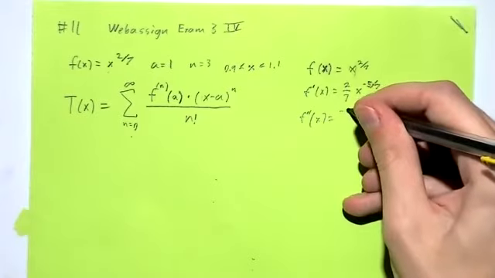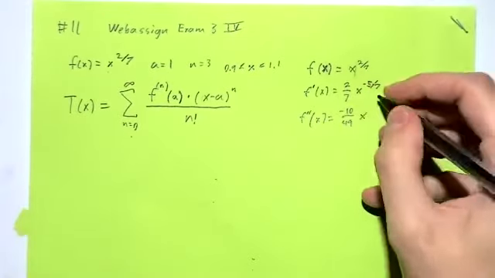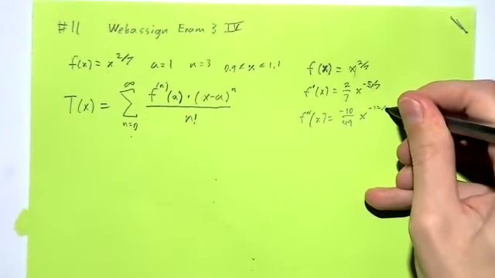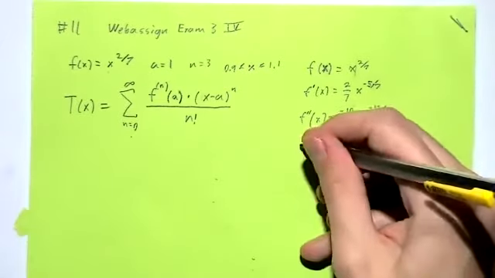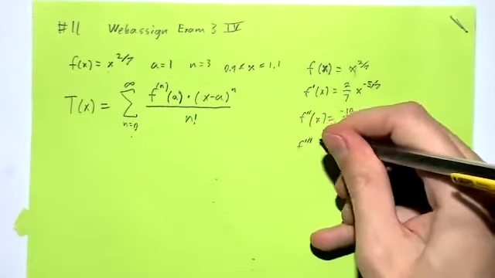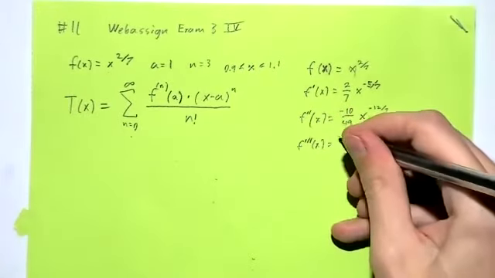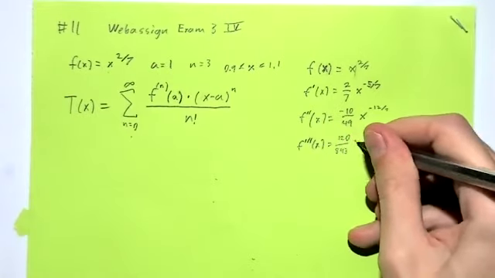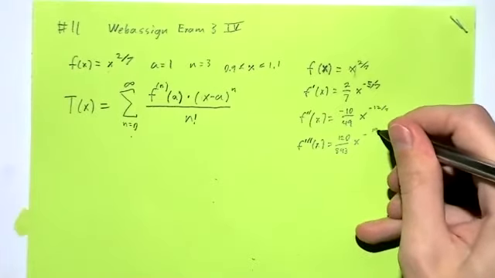So we get negative 10/49 x to the negative 12/7. Now we got to multiply again. So we take f triple prime. So that would be positive 120/343 x to the negative 19/7.